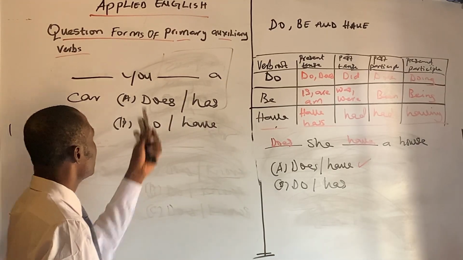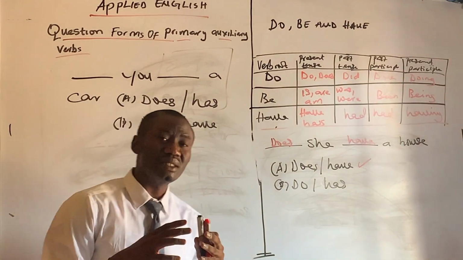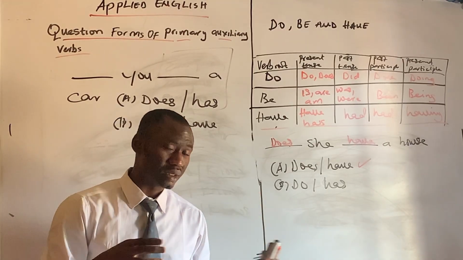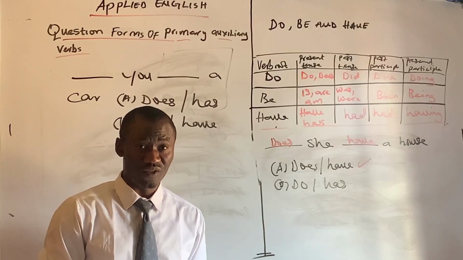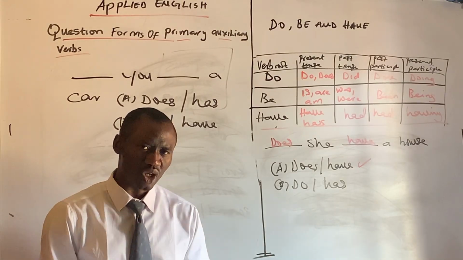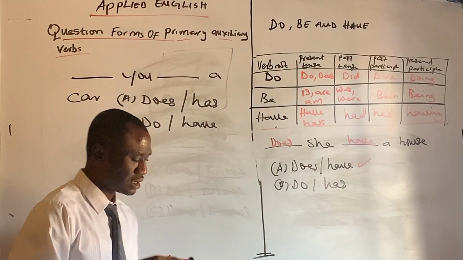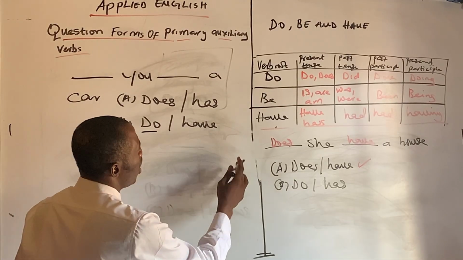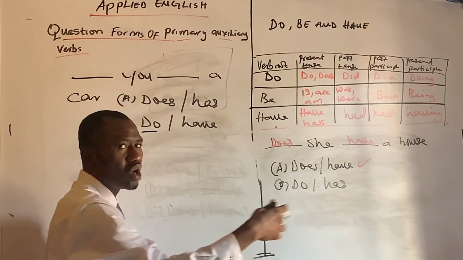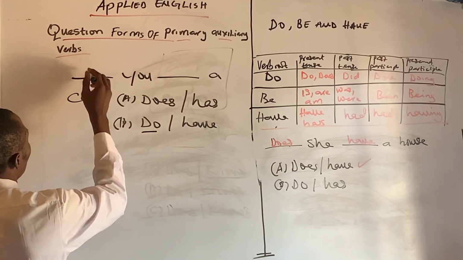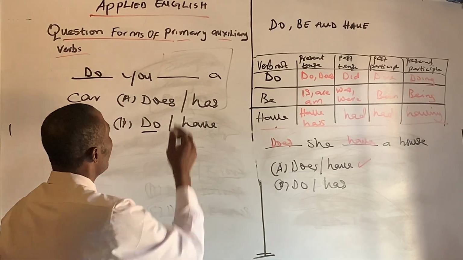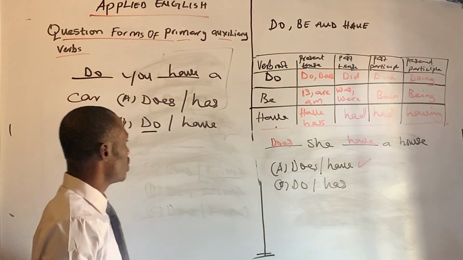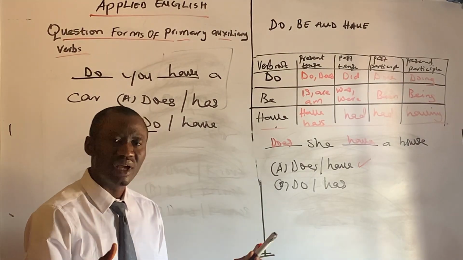The answer is, you see, you is seen as a second person plural pronoun, a subject. Are you following now? Second person plural subject. If it's seen as that, it will attract a plural verb, which is do, from the do, does, did verb we're using. So we have "do you have a house?" Not "does you have a house," "do you have a house?"